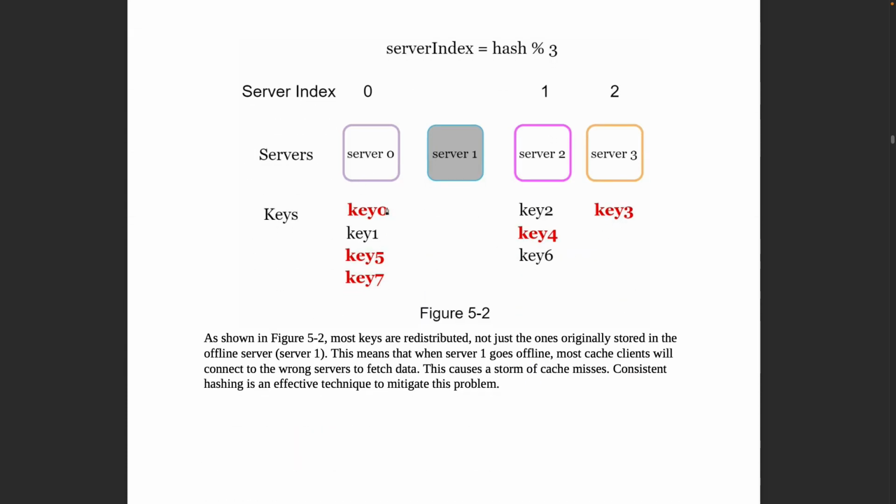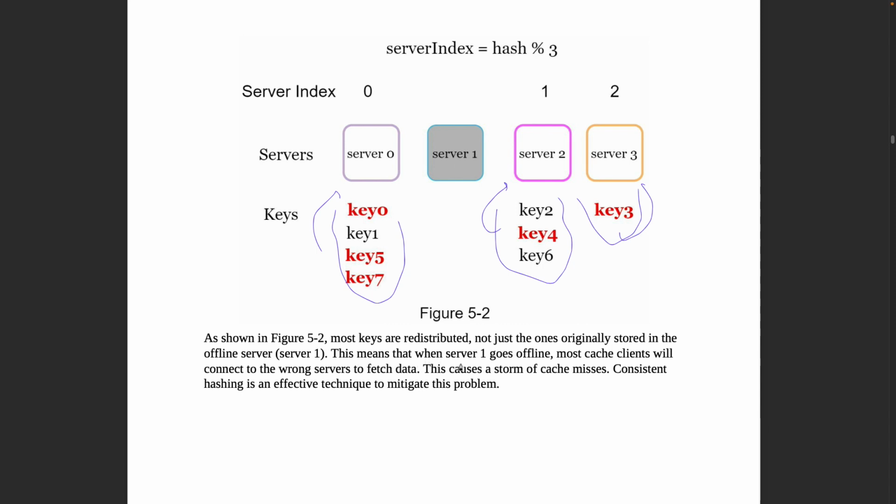As you see, we have an overload of data going to server 0, a little overload to server 2, and we kind of underload server 3. As shown in figure 2.5, most keys are redistributed, not just the ones originally stored in the offline server 1.